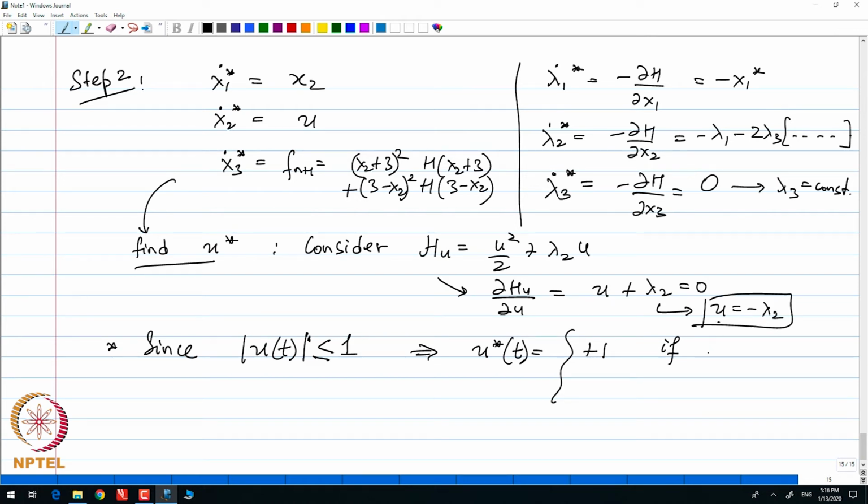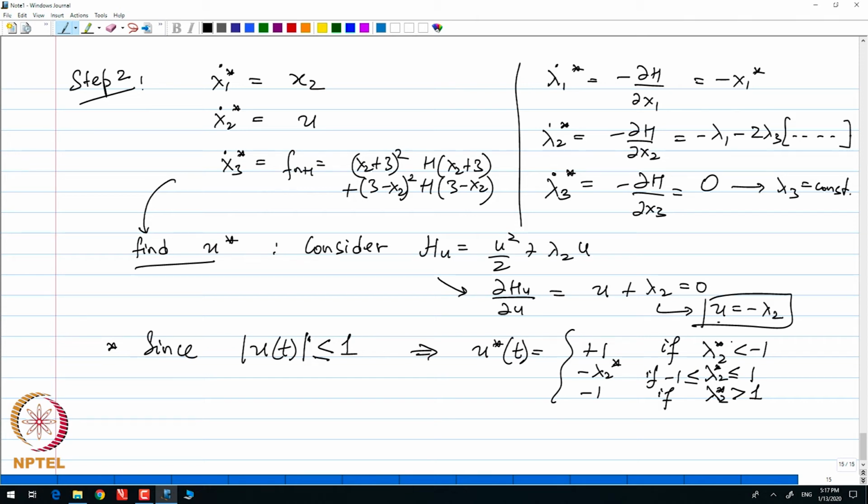So, if lambda 2 attains the minimum value, or the left boundary value, then u attains the maximum value, which is plus 1. Otherwise, if lambda 2 is strictly between minus 1 and 1, then u star is nothing but minus lambda 2 star. Otherwise, if lambda 2 is greater than 1, then u is minus 1, right. Okay, u star is minus 1, fine.